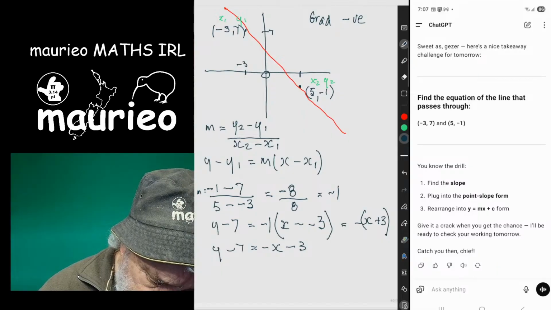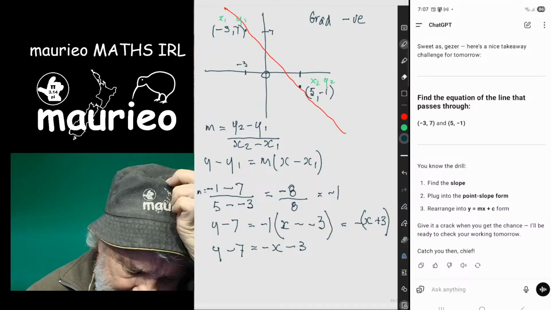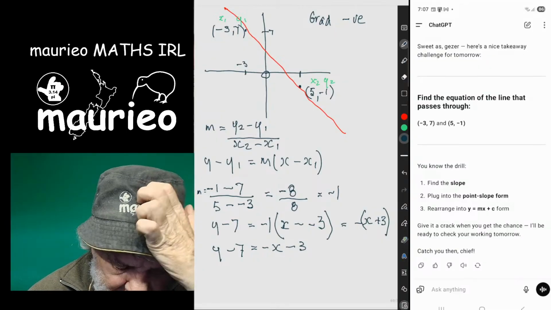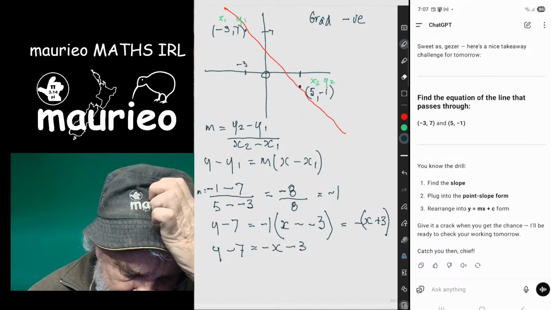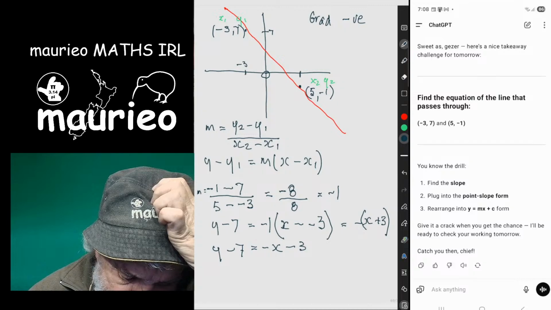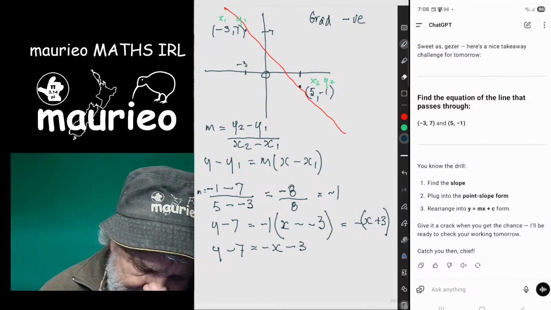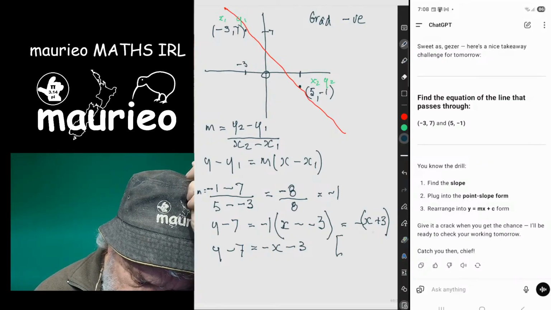So it's important that we work out the brackets first. X minus -3 is x plus 3. And then -1 times x is -x, and -1 times 3 is -3. And then here we will add 7.